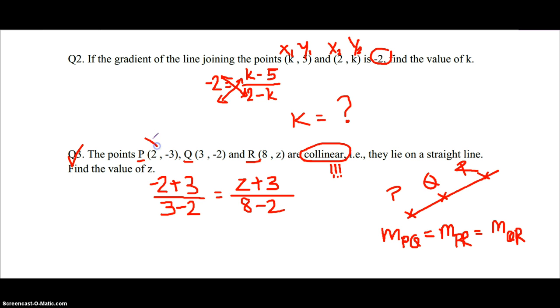To make things easier for you, this is x1, y1, x2, y2, and then we have another point, we just call it x3, y3. What I'm trying to find here is the gradient of PQ, and here the gradient of PR.